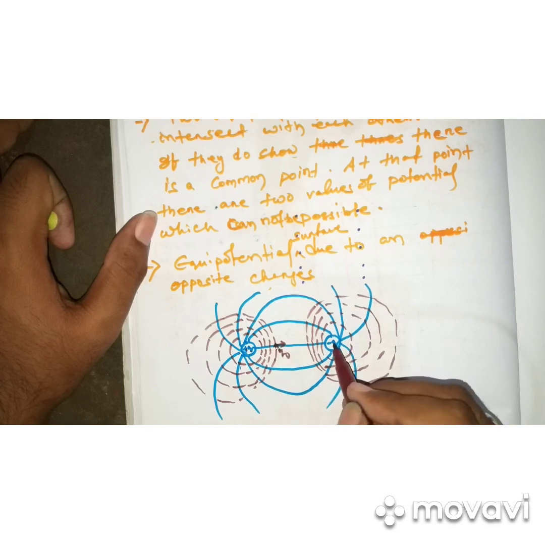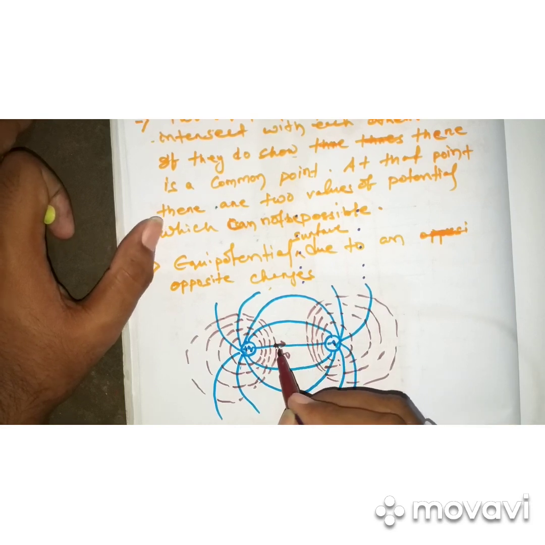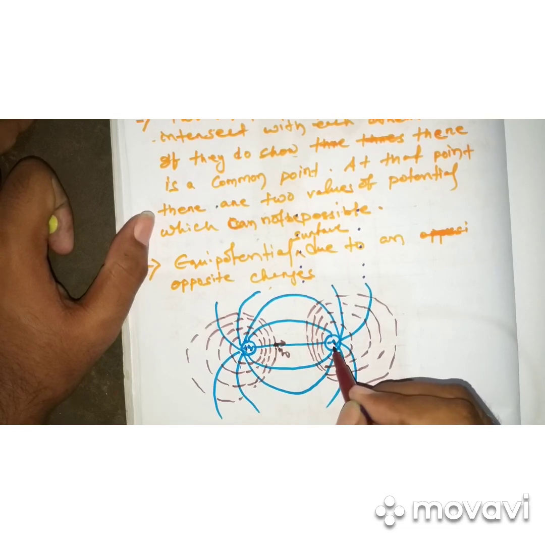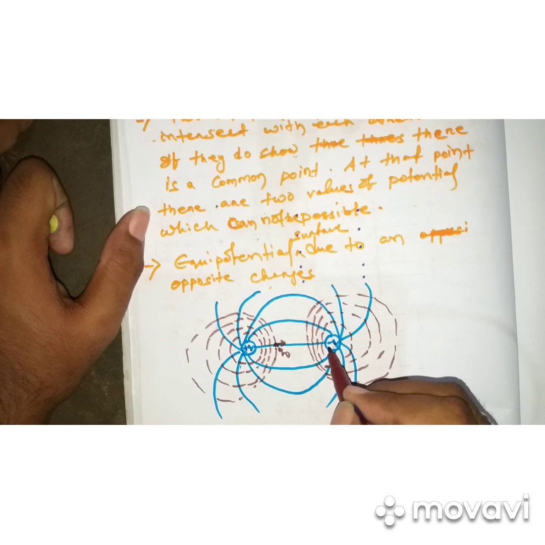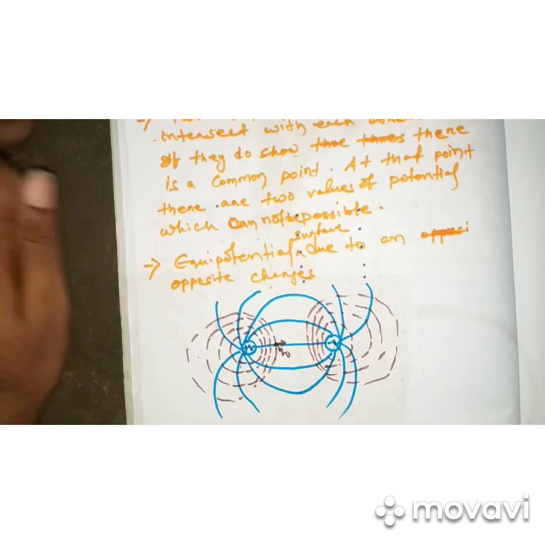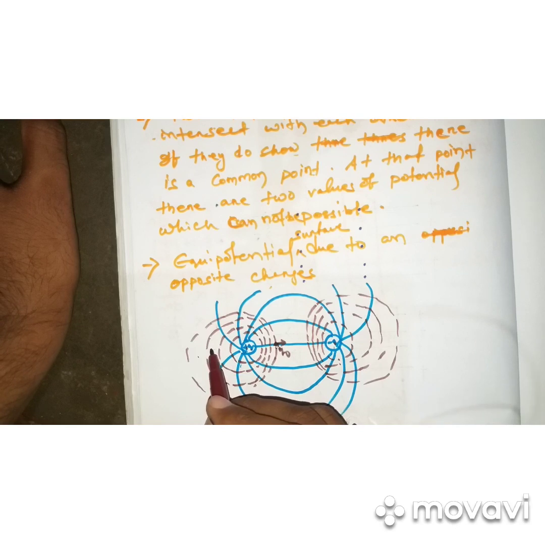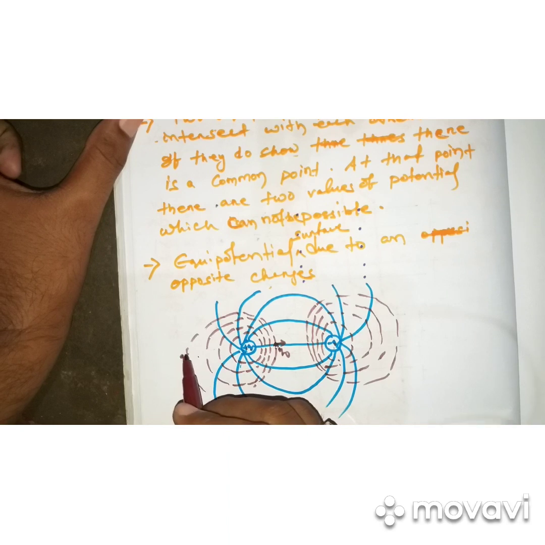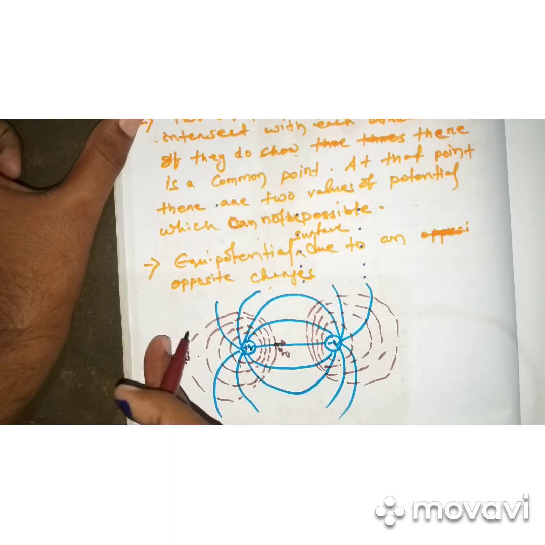attraction due to negative charge. That means a test charge also experiences another force due to the negative charge, so the net electric field intensity becomes more as compared to the other region. In that case, if you place a test charge here, that test charge also repels due to the source charge, so there is a force of repulsion exerted on the test charge, but no other charge is present at that region.